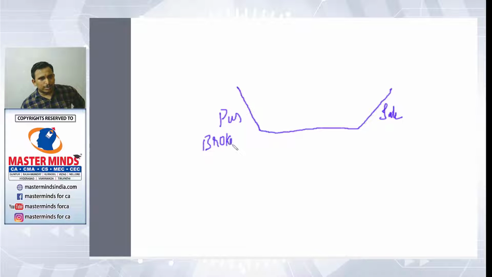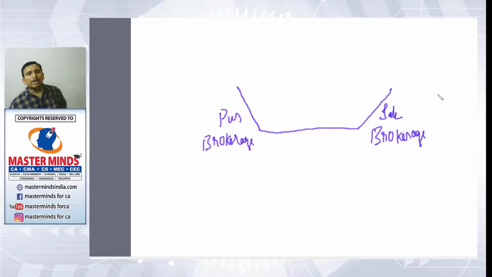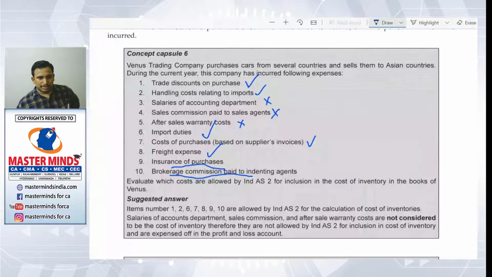Yes. Now understand, if it is brokerage at the time of sale, is it required for getting it ready for sale? No. Hence it need not be considered. But if it is the brokerage with respect to purchases, then it is directly related to your purchase only. In such a case, it can be considered. So here it is given indenting agents.